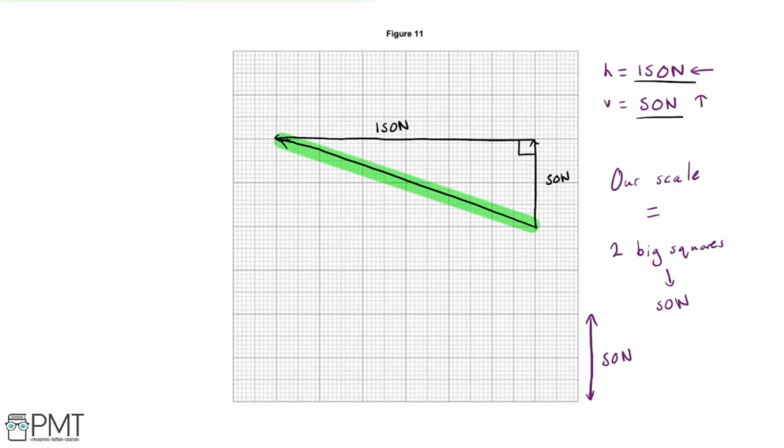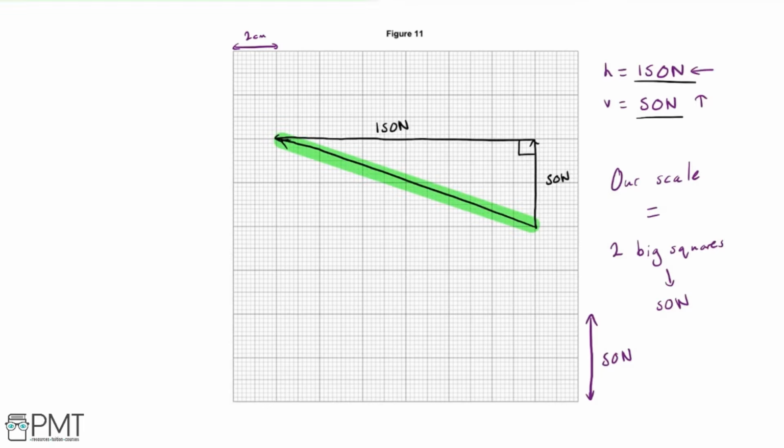And I can't measure mine on screen, but the way that you would do it is you would measure how big each big square is. Just for the sake of explanation, I'm going to say that this length is 2 centimeters. I don't know what it would actually be in the exam, but this is just to make things easier to explain because I can't actually measure on screen.